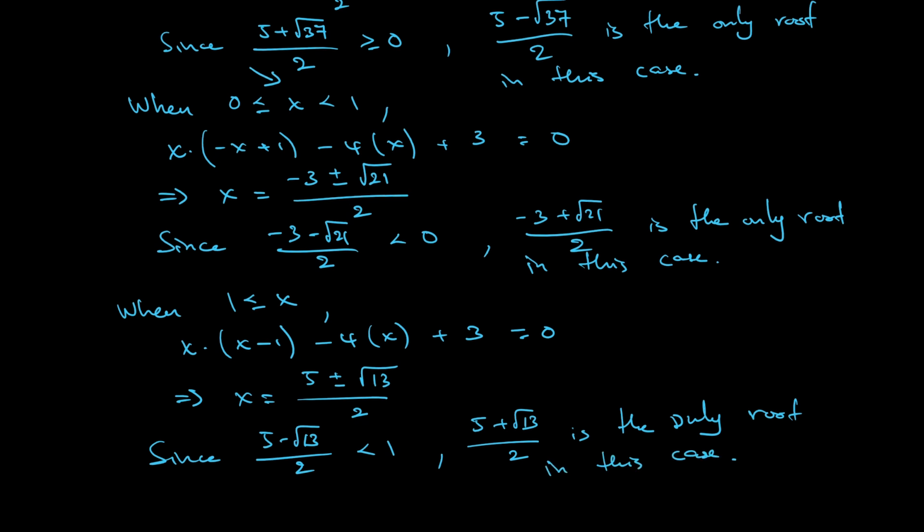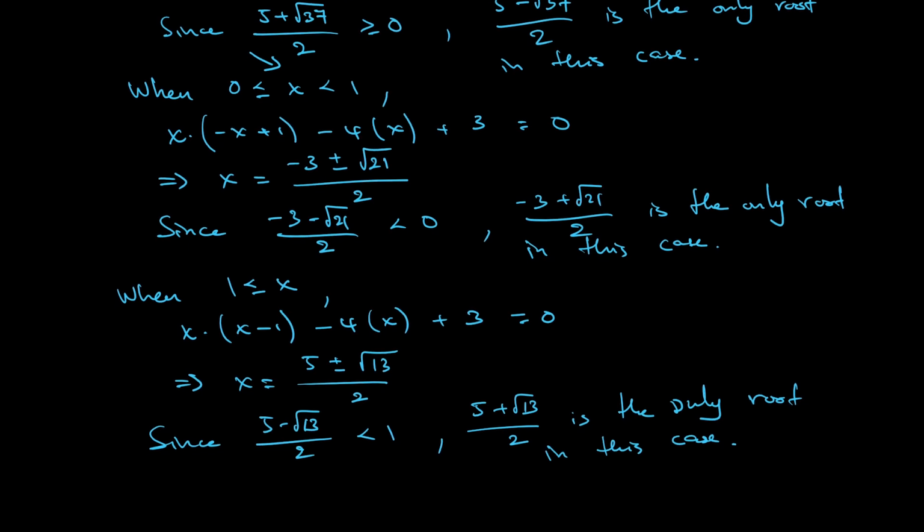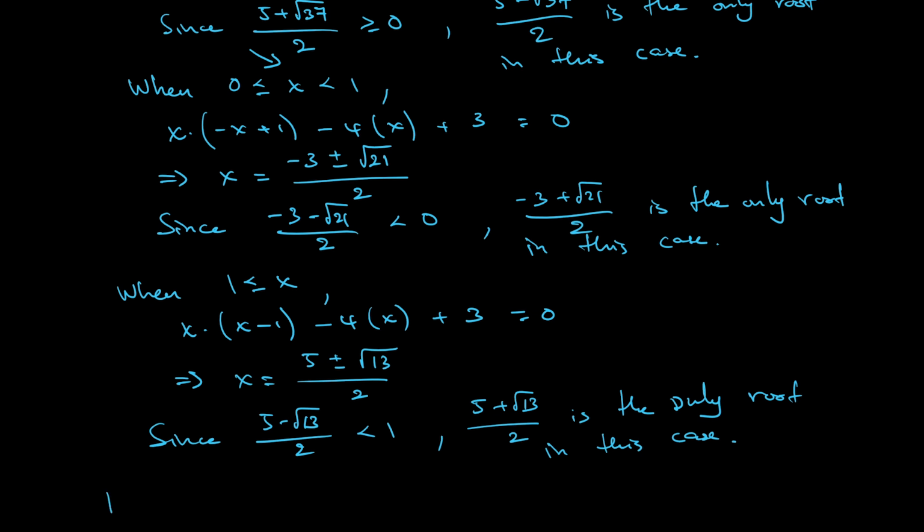So for the first case you have 1 root, the second case you also have 1 root, and the third case you have 1 root. Hence combining all the cases, in total there are exactly 3 real roots. The question asks how many real roots there are, and the answer would be 3.